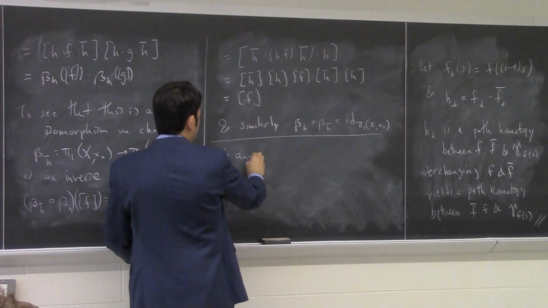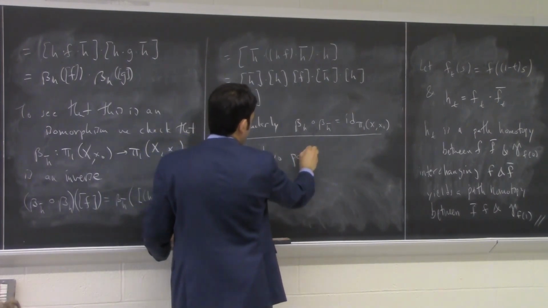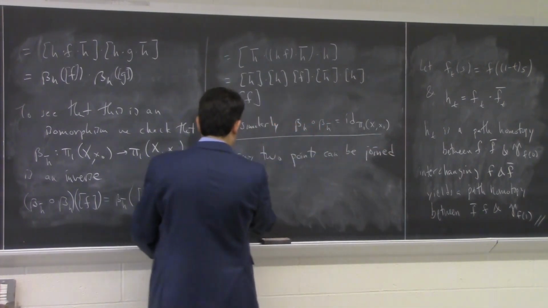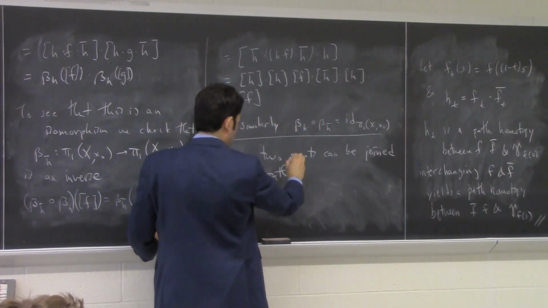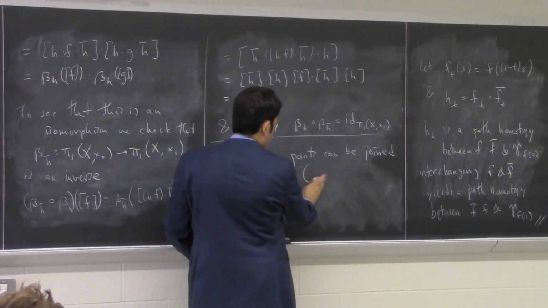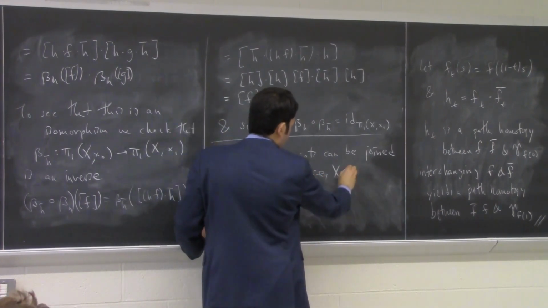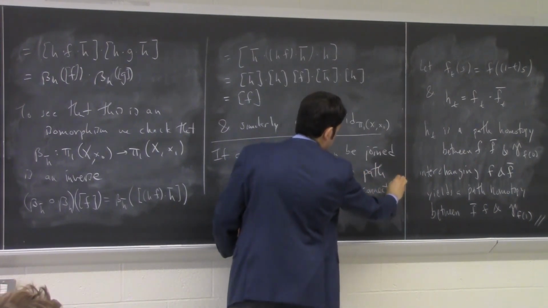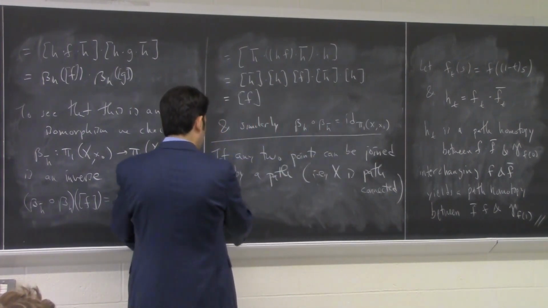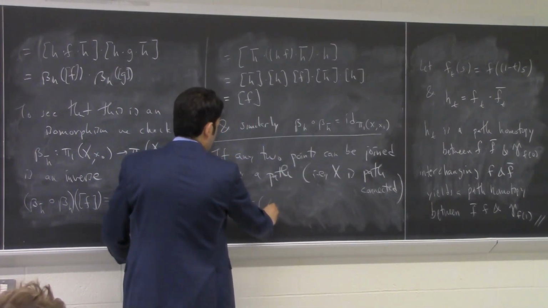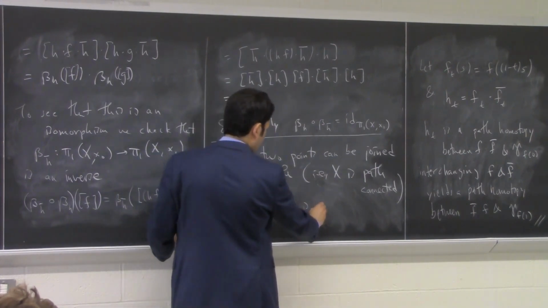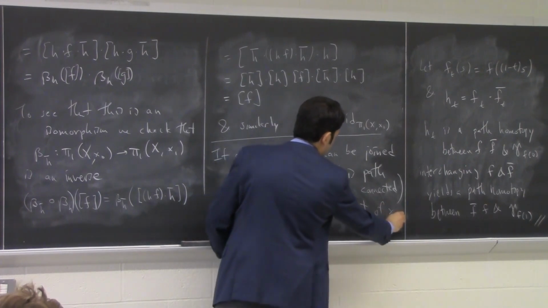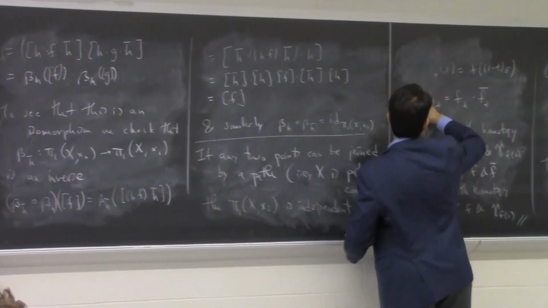So if any two points can be joined by a path, which of course is called x is path connected, then pi1 of x, x0 is independent of x0 up to isomorphism.